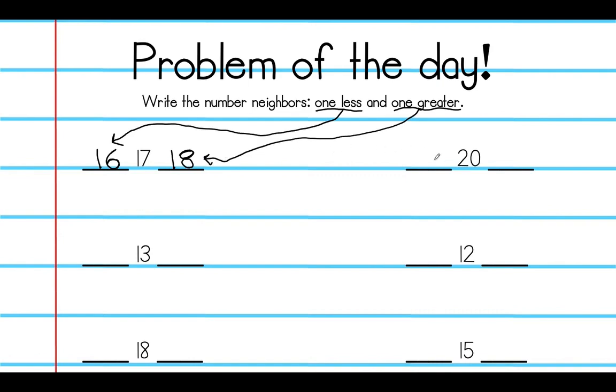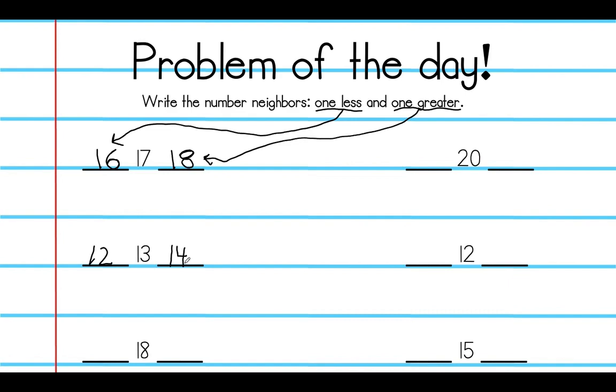So now moving on to the next one. Actually, we'll go down the column here. So the number just before 13, think for just a moment. What number do you think that is? Say it out loud. If you guessed 12, that is correct. Then what is 1 greater? 1 more than 13 would be 14.